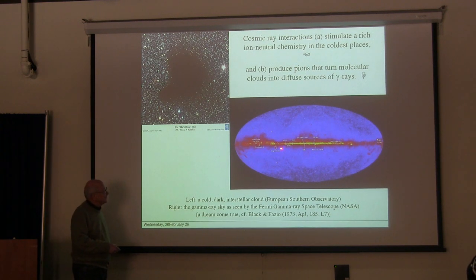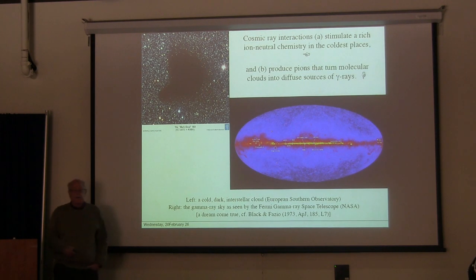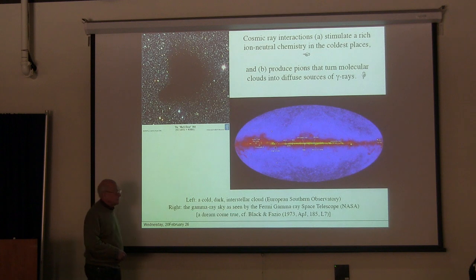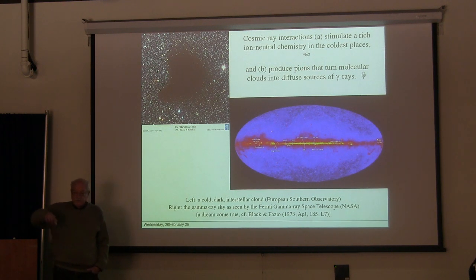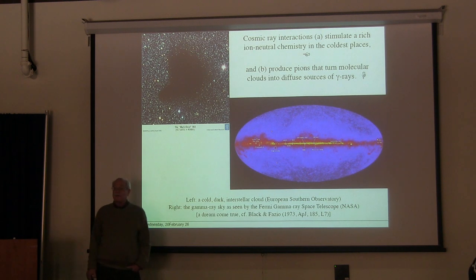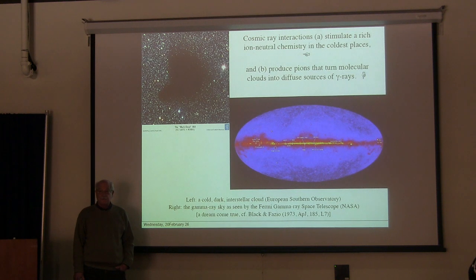But the diffuse glow that you see here is mostly or almost all this pion decay process produced by cosmic ray interactions. And to the extent that these high-energy cosmic rays have a measurable, smooth, and predictable distribution around the galaxy, we can actually use the brightness of the gamma rays as an independent tracer of the total distribution of interstellar gas.